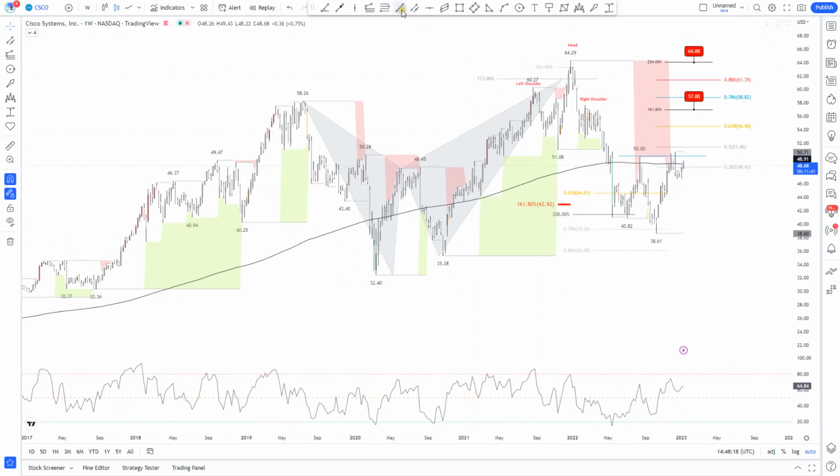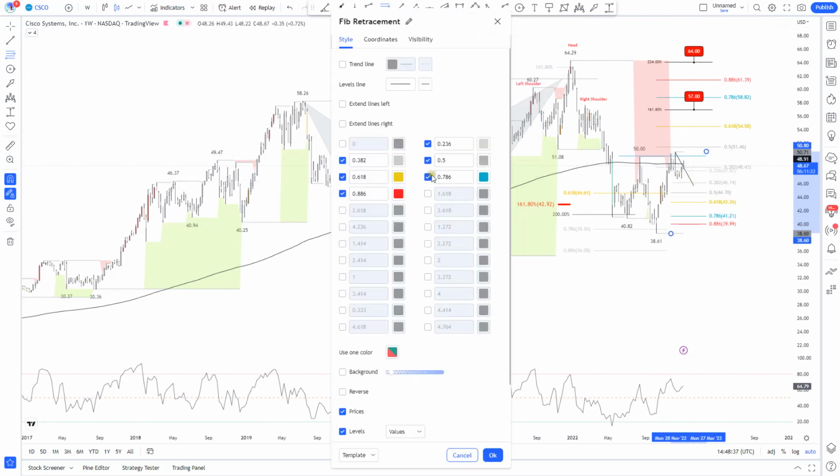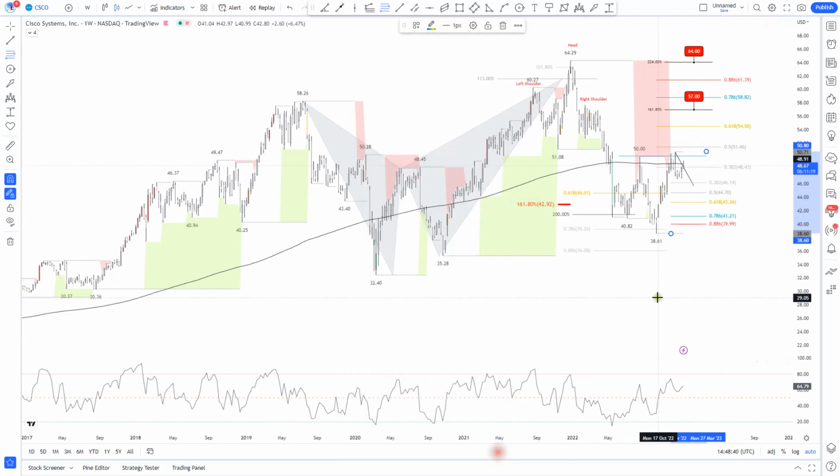So that being said, I will not be surprised to see a period of a correction after a move to the upside. I will not be surprised to see a correction, and we can use also the Fibonacci levels to try to identify which level the price will find support for the right shoulder, not support to push the trade, but we can try to identify the price zone or a Fibonacci level where we think the market may find support to create that right shoulder.